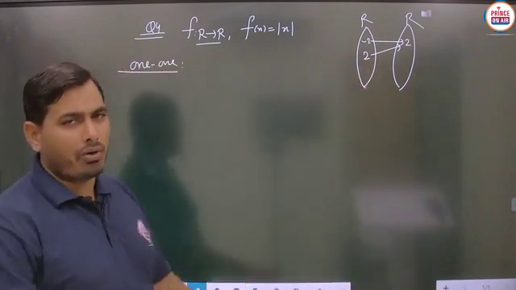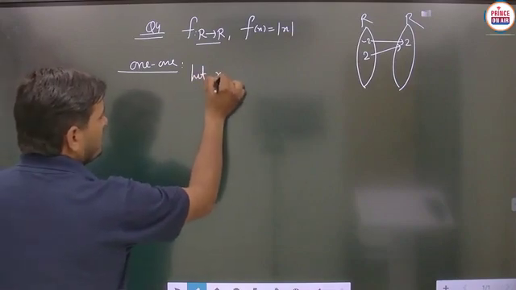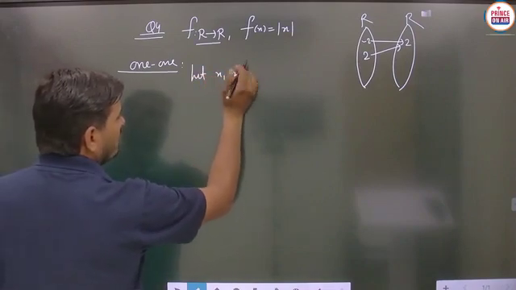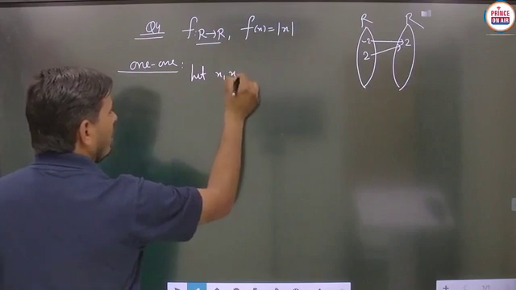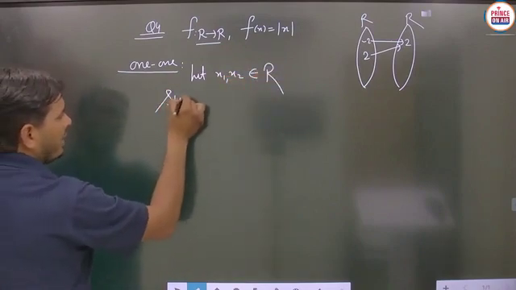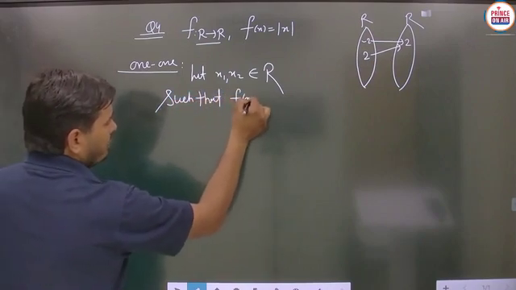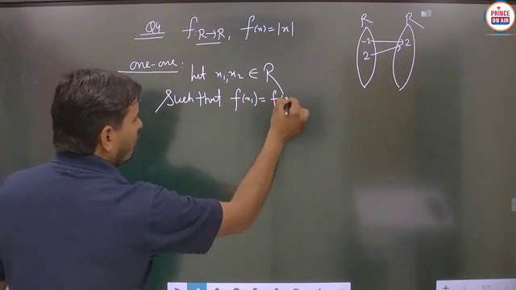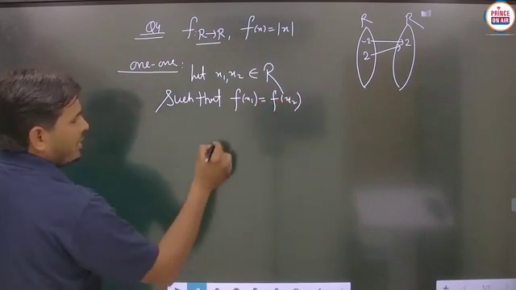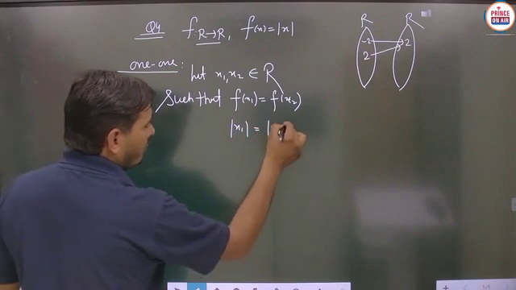But how to write it properly here? We can say let x1, x2 belong to the set of real numbers such that f(x1) equals f(x2). So here modulus of x1 equals modulus of x2.